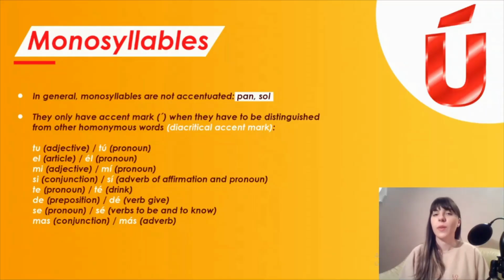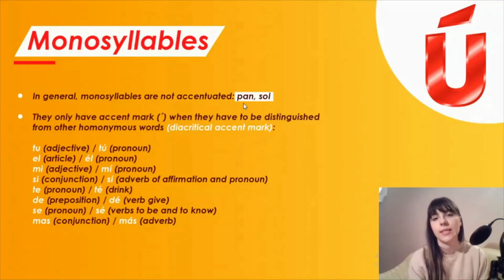In this video, we will cover the monosyllables, but don't forget that in the full lecture you have all the accentuation rules. In general, they are not accentuated, they don't have the accent mark, as you can see here in these two examples, pan and sol.